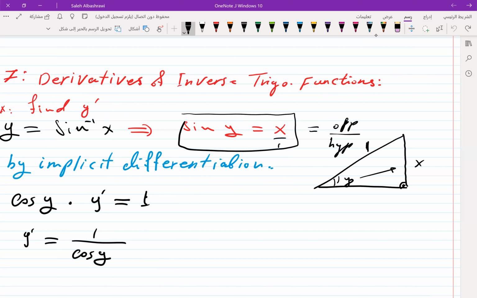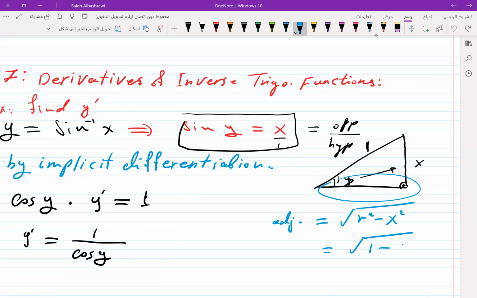Now we have the opposite and the hypotenuse, and we can find the adjacent side. From the Pythagorean theorem, the adjacent is equal to the square root of the hypotenuse squared, which is r squared, minus x squared. r in this example is equal to 1, so it is the square root of 1 minus x squared. This side is the square root of 1 minus x squared, which means cosine of y will be the adjacent divided by the hypotenuse.